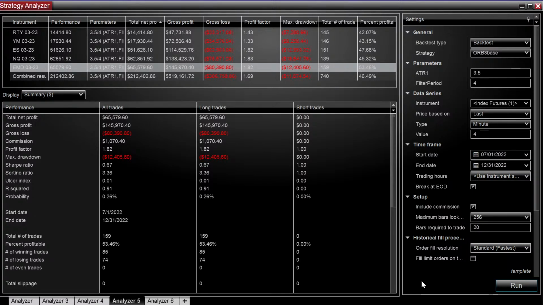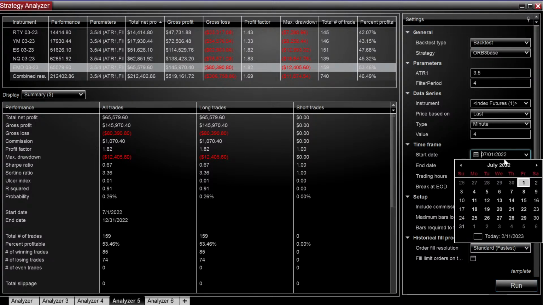Might do some noise tests, some variance tests, just to see what we can potentially expect. Just how robust is this strategy.